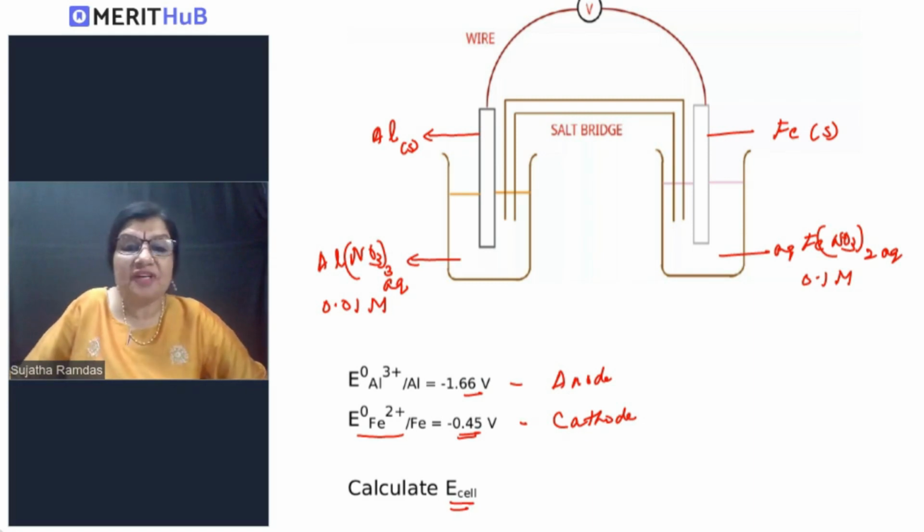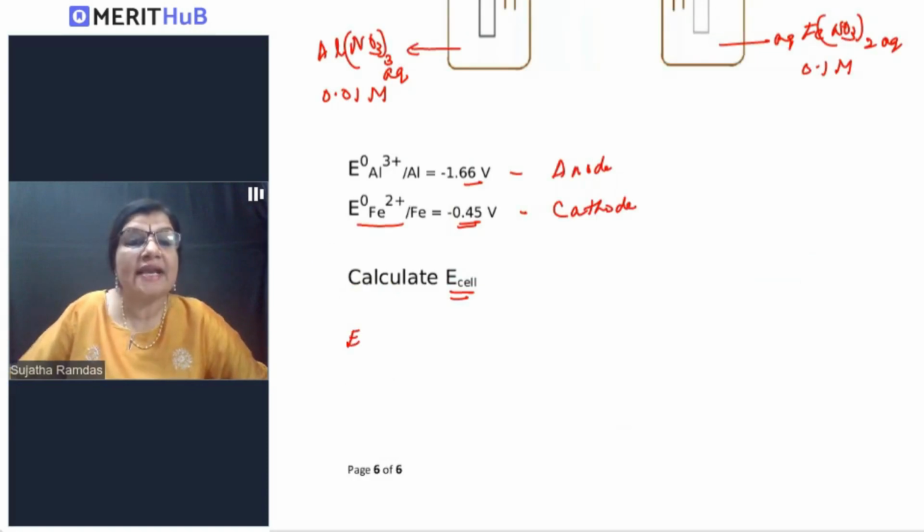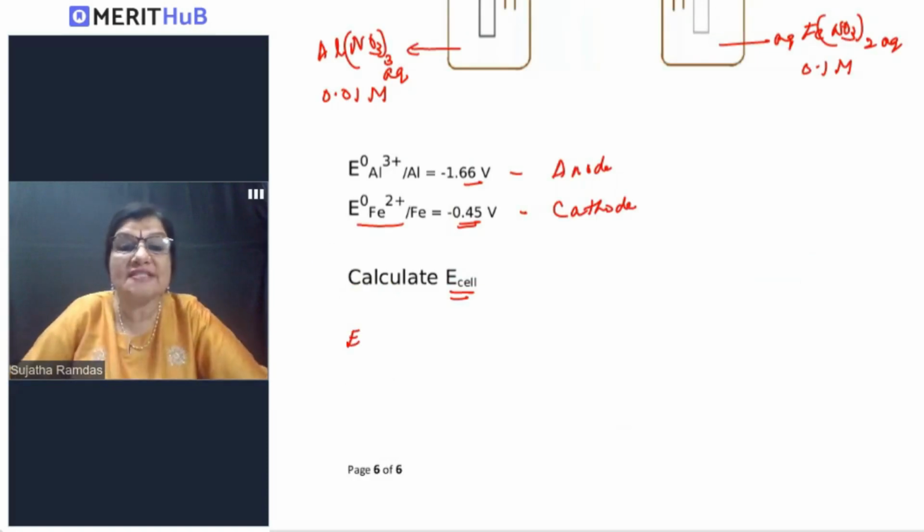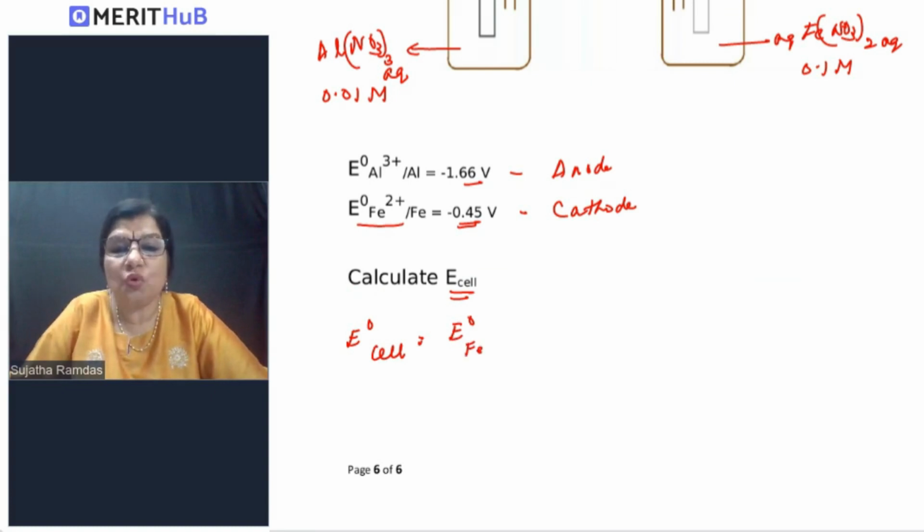All right. The first step in the calculation is to find out E naught cell. How do you find out E naught cell? The E naught reduction potential at the cathode, which is Fe2+/Fe, minus the standard reduction potential of the aluminum ion, Al.